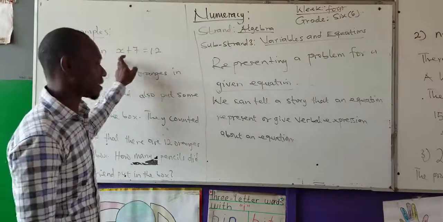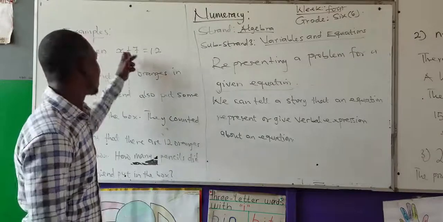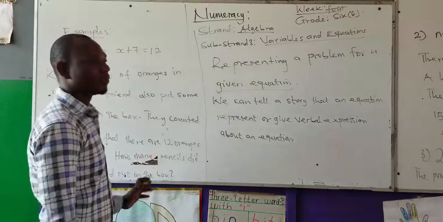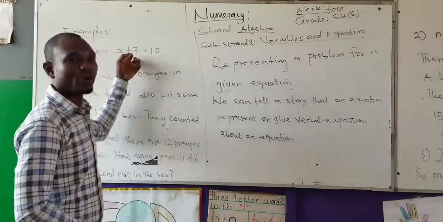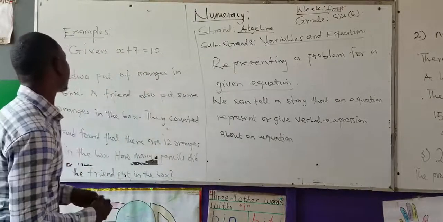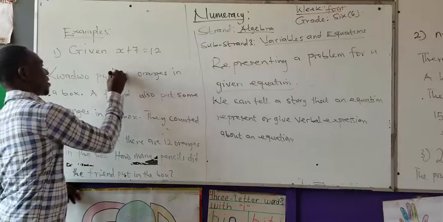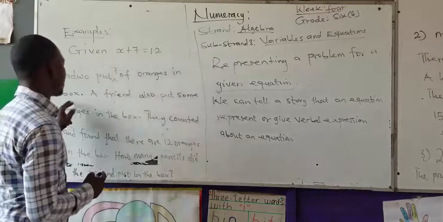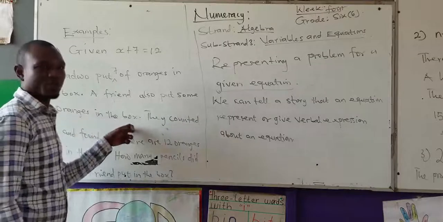Or how do we give a verbal expression about this equation? Now I've given an example here. Maybe if I read the example and discuss, you'll be able to also see something on your own. Here, Kwajo put 7 oranges in the box, and a friend also put some oranges in the box.